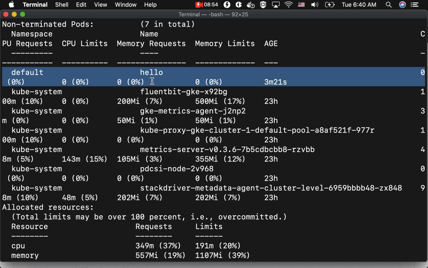That's this one. These other ones are system level pods that help in the operation of Kubernetes that came along when we installed GKE. Some of these are specific to Kubernetes, and some are specific to GKE's implementation. Either way, you can ignore them. Those are Google's responsibility, right? And so this is the only thing that we're running.